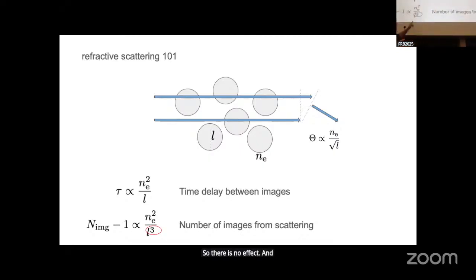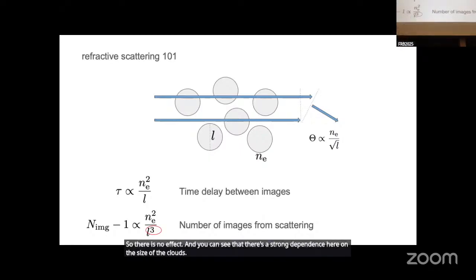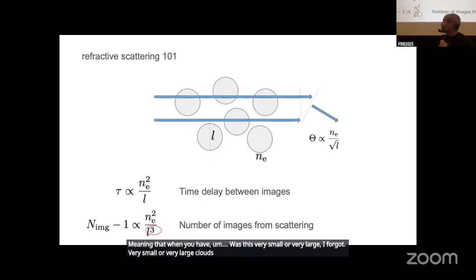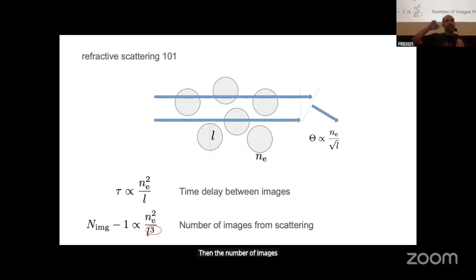And you can see that there's a strong dependence here on the size of the clouds. Was this very small or very large? I forgot. Very small clouds, then the number of images that you produce is very small. So this will be a limiting factor for whether or not you will produce scattering, a strong constraint.